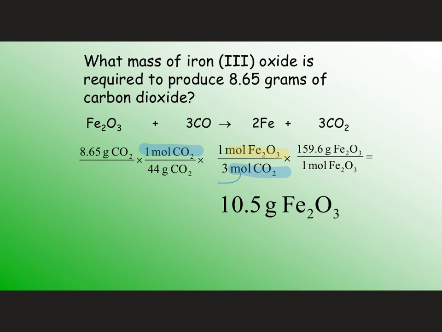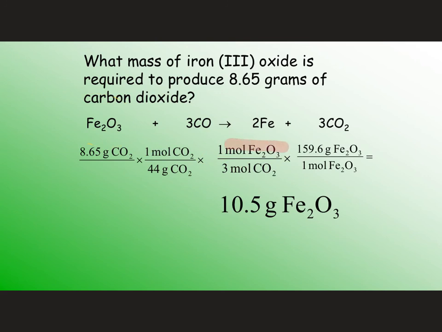So in order to find how much carbon dioxide, I'm going to look at the product, 3 CO2s, so the coefficient is 3. I use that in my mole ratio conversion factor. Now I want to find the coefficient for the Fe2O3 to solve how much to put in the top of the conversion factor. If I look at the Fe2O3 in the equation, it has a coefficient of 1. So that's what I'll use in my conversion factor.